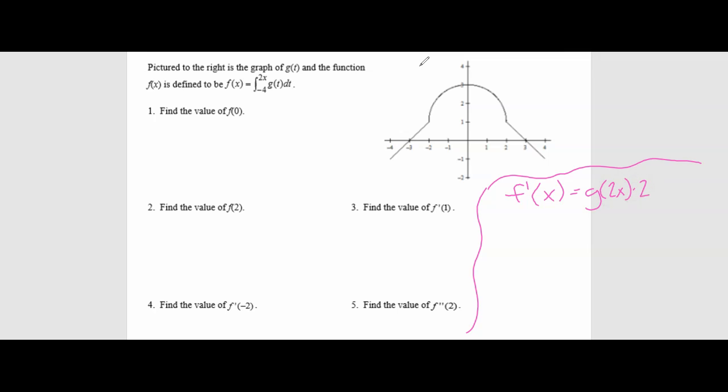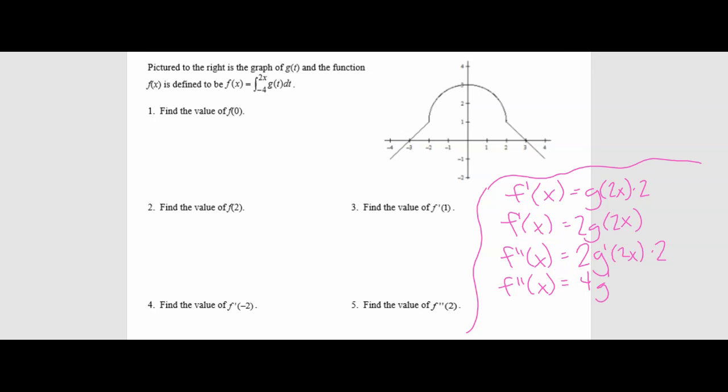Now I'm being asked to find f double prime of 2. So I'm going to rewrite f prime first, just to put the constant in front. Then I get f double prime of x is equal to 2 times g prime of 2x times 2. Again, just using the chain rule there.